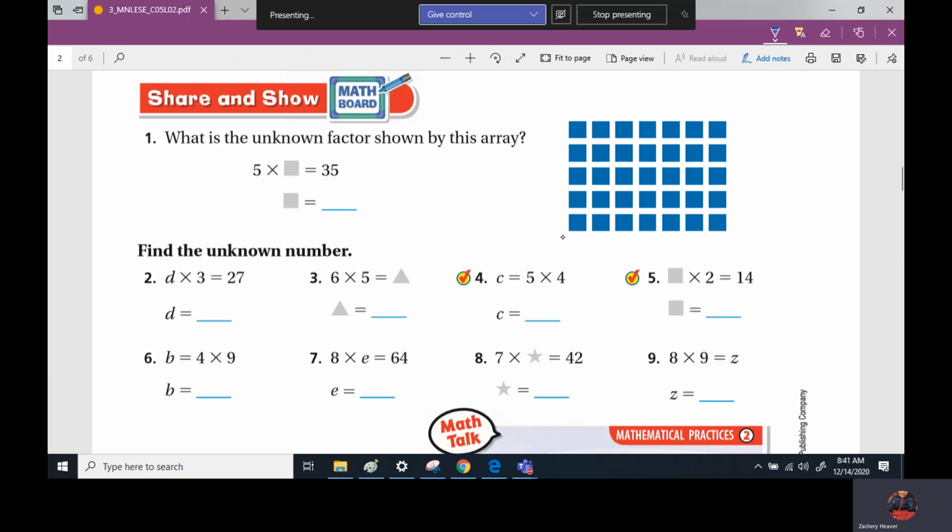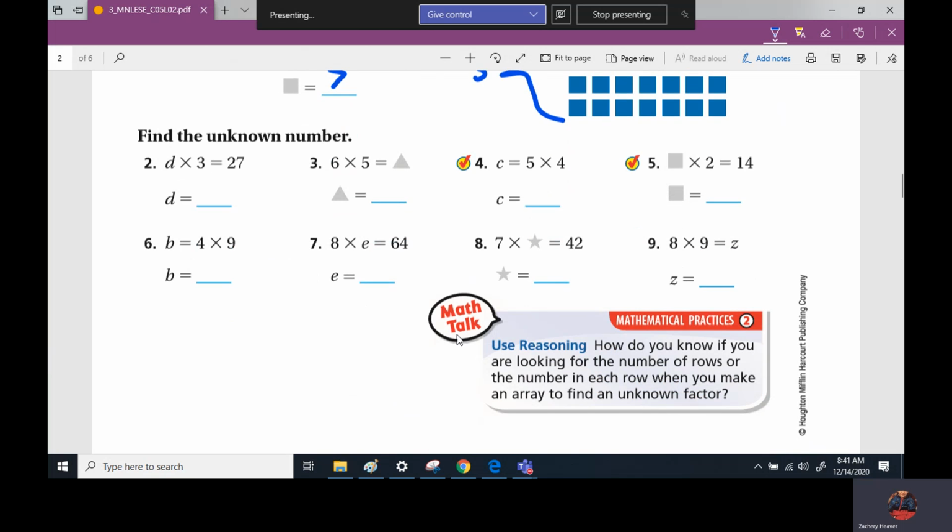Well, we know we have 5 down and we have 1, 2, 3, 4, 5, 6, 7 across. So the gray box equals 7. D times 3 equals 27. Well, D is going to equal, what times 3 equals 27? 9.